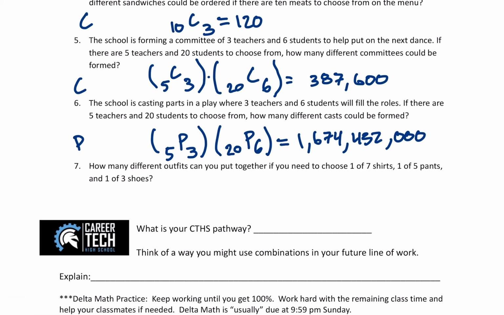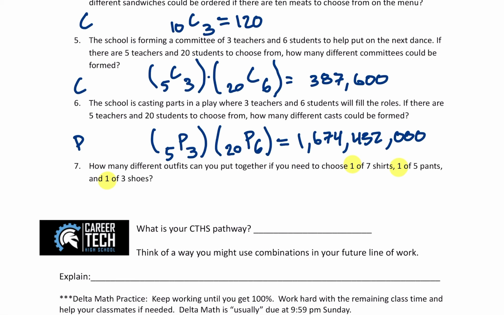Okay, last but not least, how many different outfits can you put together if you need to choose 1 of 7 shirts, 1 of 5 pants, and 1 of 3 shoes? So the first question we need to ask ourselves is, are we doing a combination or permutation? Well, I noticed something here that we're choosing 1 of 7 shirts, 1 of 5 pants, and 1 of 3 shoes.